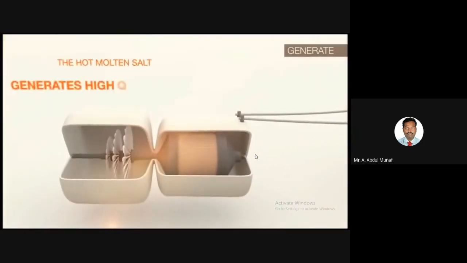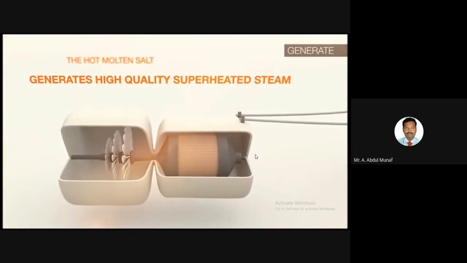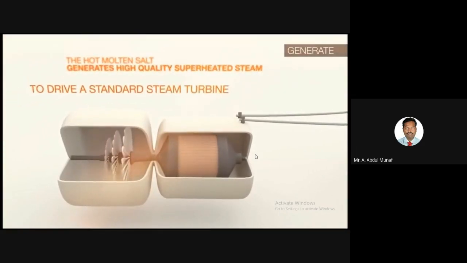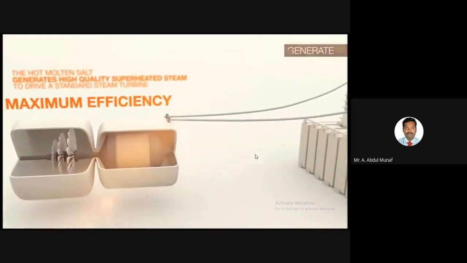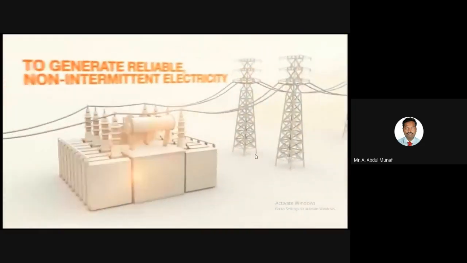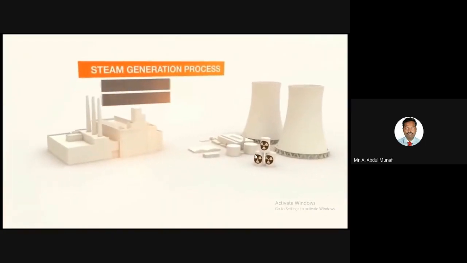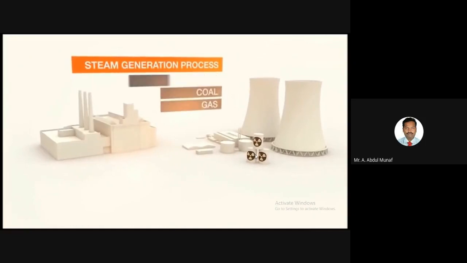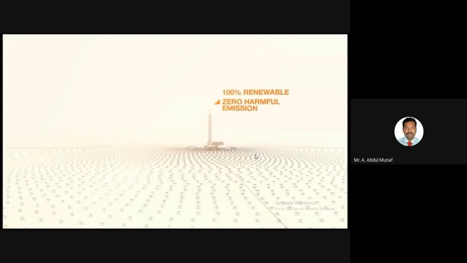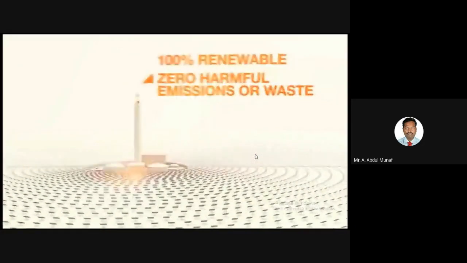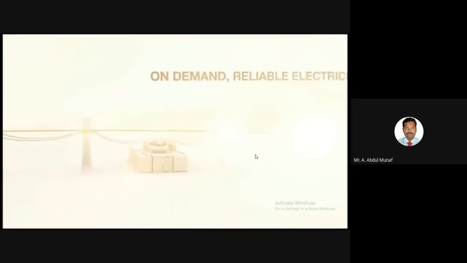The result is a high quality superheated steam to drive the standard steam turbine at maximum efficiency to generate reliable, non-intermittent electricity during peak demand hours. The steam generation process is identical to the process used in conventional gas, coal, or nuclear power plants, except that it is 100% renewable with zero harmful emissions or waste. These plants provide on-demand, reliable electricity from a renewable source. The sun.